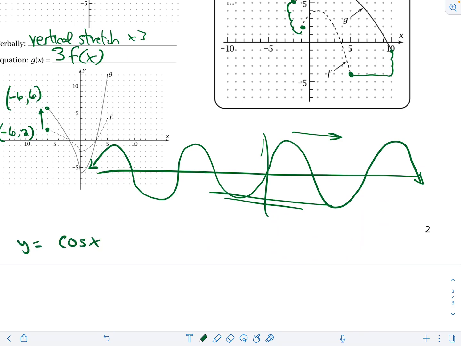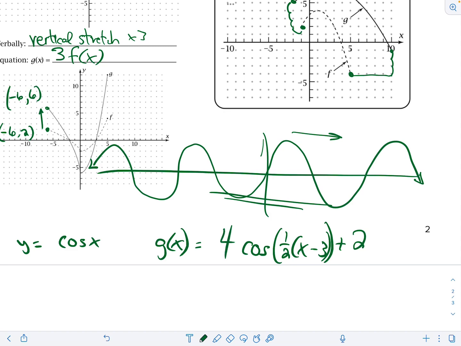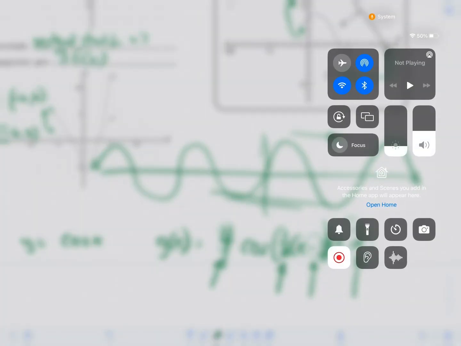And so now you can almost see that if g of x is an original like 4 cosine 1/2 of x minus 3 plus 2, you can identify, before you even know what cosine really looks like, that it is a vertical stretch by 4. We've done a horizontal stretch by 2. We've gone to the right 3 and up 2. That's where we're headed. All right, thanks for watching.